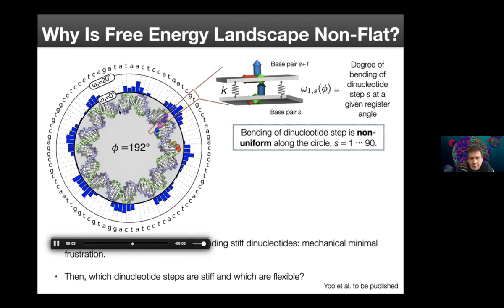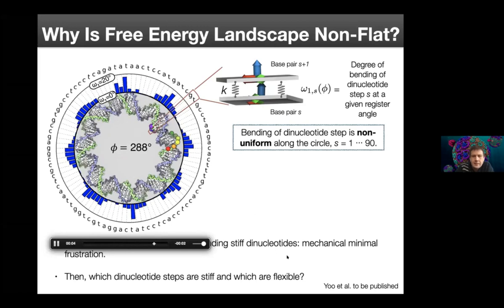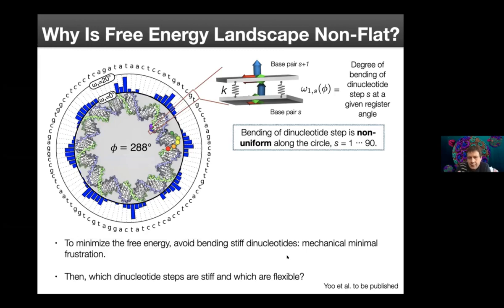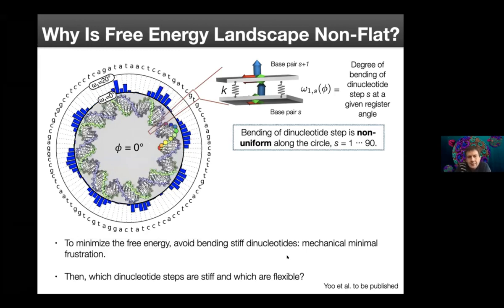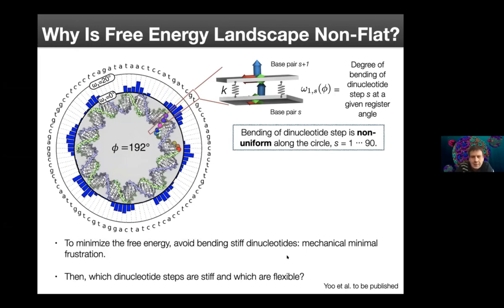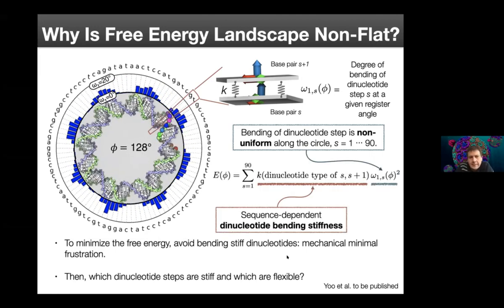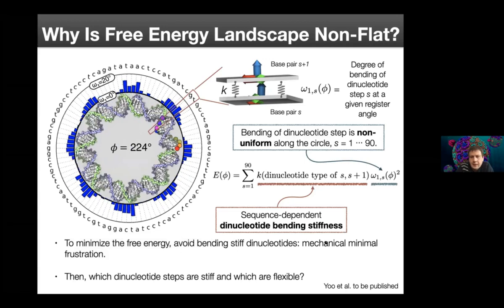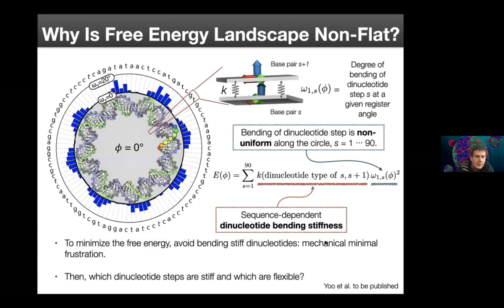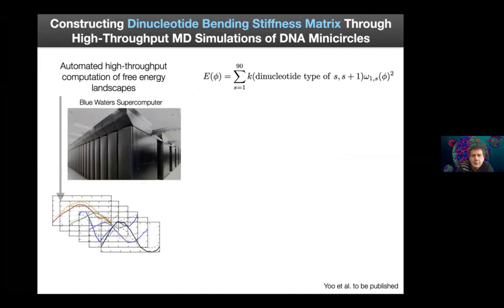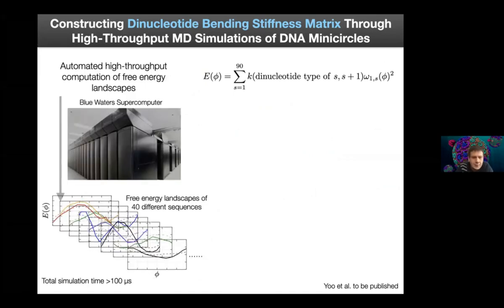Now with that in mind, of course the DNA doesn't want to deform. So the equilibrium angle is, if you think about it, a minimum of frustration in the energy, and we can describe it as a quadratic function of local DNA bending, and that's what we did. Luckily, we had Blue Waters, so we could do it for 40 different sequences. We computed this free energy in a monumental simulation that took a lot of computer time.